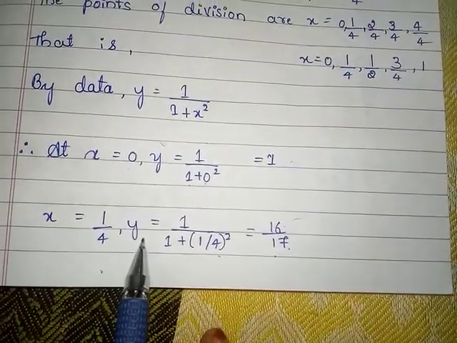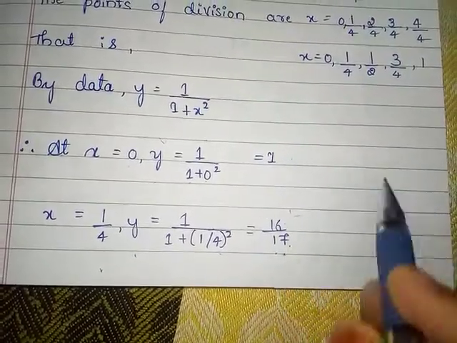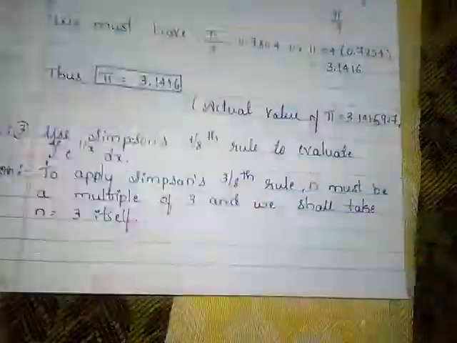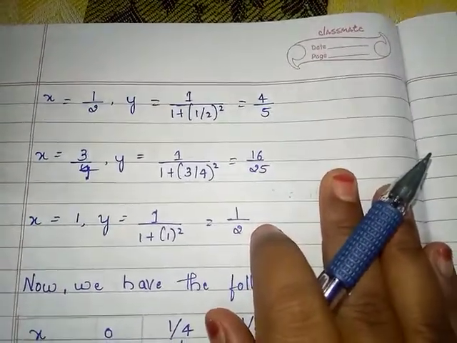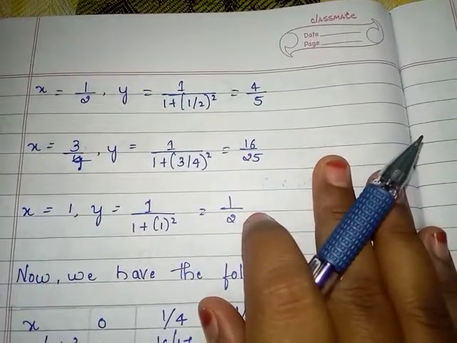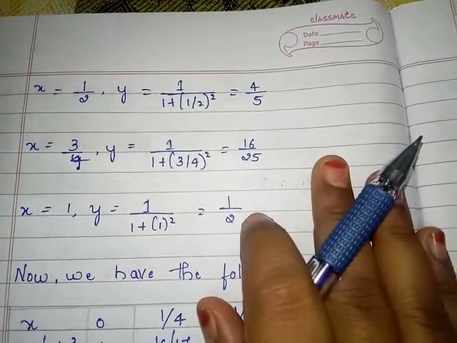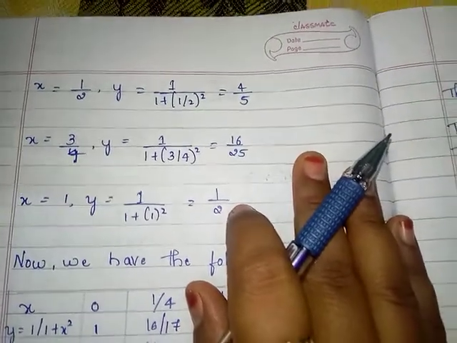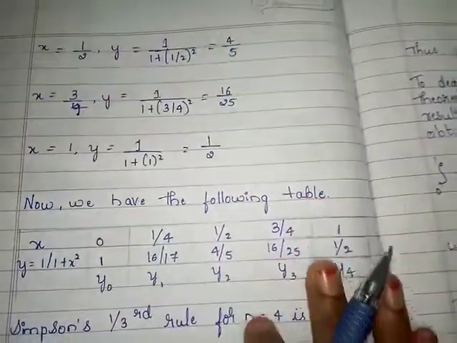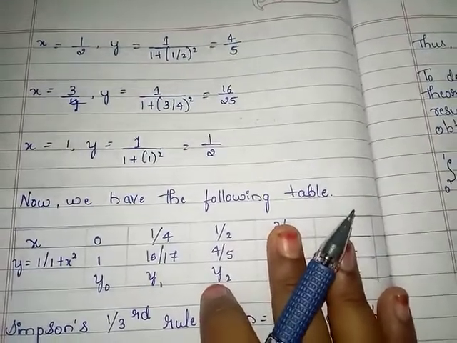Next for x is equal to 1 by 2, y is equal to 4 by 5, and for x is equal to 3 by 4 we have y is equal to 16 by 25, and when x is equal to 1, y value is 1 by 2.